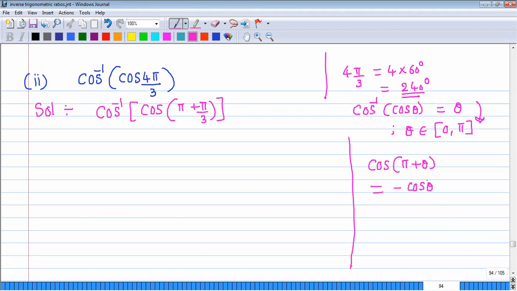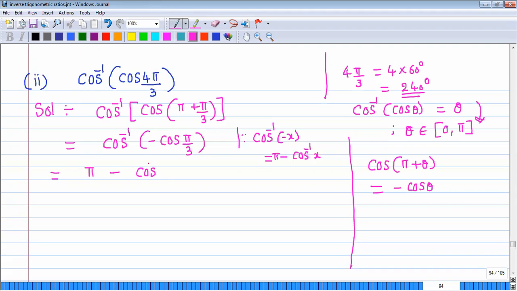So here we can write cos inverse of minus cos pi by 3. Again, one more formula: cos inverse of minus x is equal to pi minus cos inverse x. So this we can write as pi minus cos inverse of cos pi by 3.